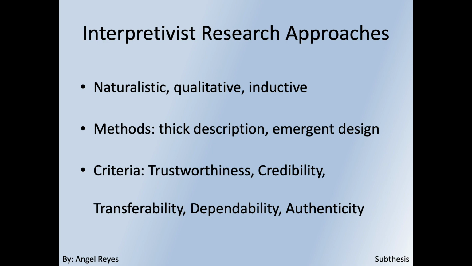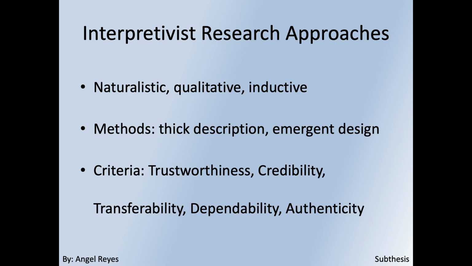Interpretivist research tends to be naturalistic, studying phenomena in their natural settings rather than controlled environments. It employs primarily qualitative methods and follows an inductive logic, developing understanding from specific observations rather than testing predetermined hypotheses.